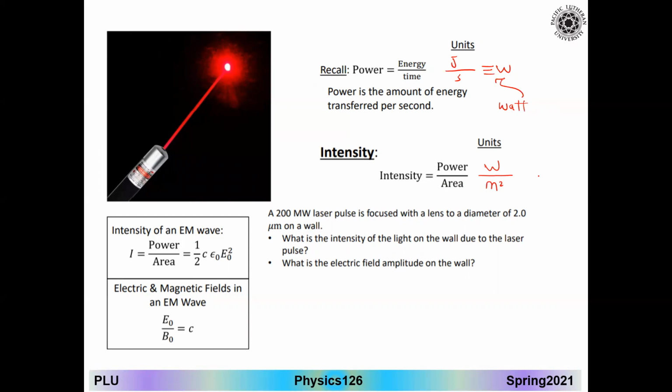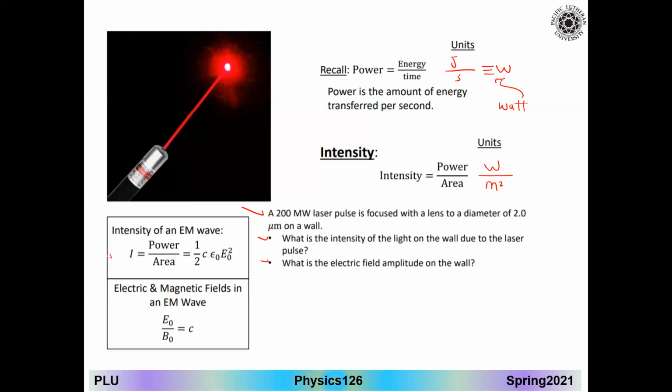So let's take this example to find out how we can use this formula in our problem. Here we have a 200 megawatt laser pulse, focused by a lens onto a wall with a diameter of 2 micrometers, a very narrow area. First, you're asked to find the intensity. Second, you're asked to find E, the electric field.